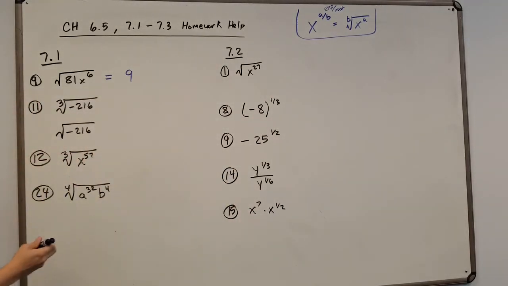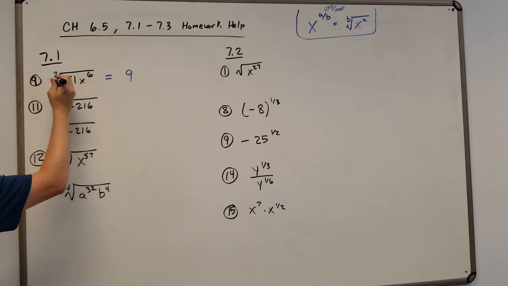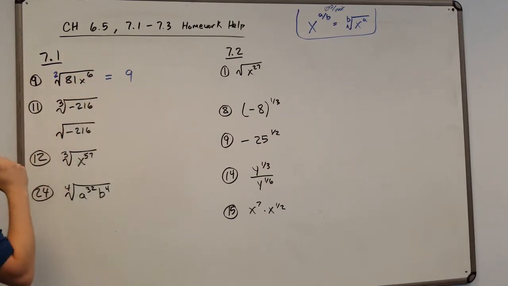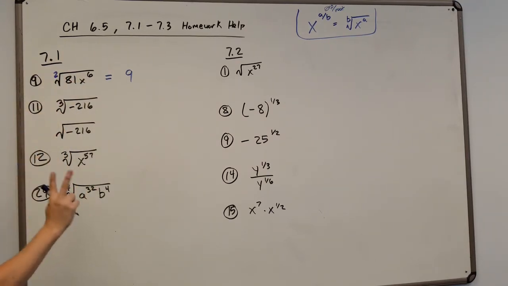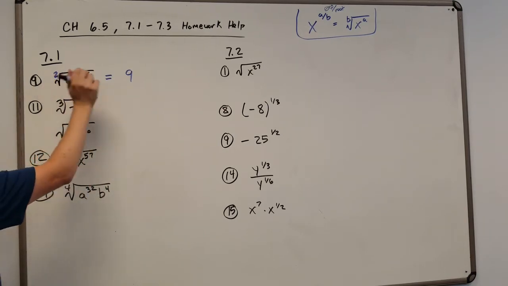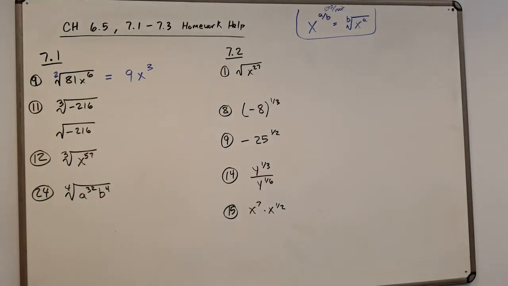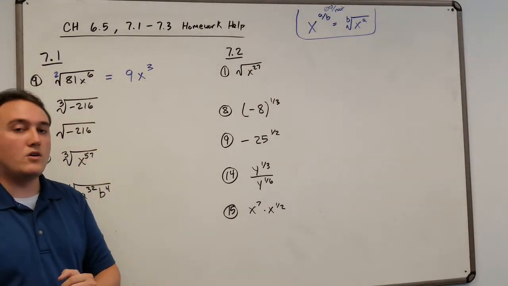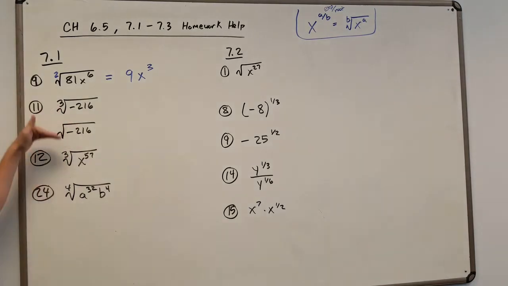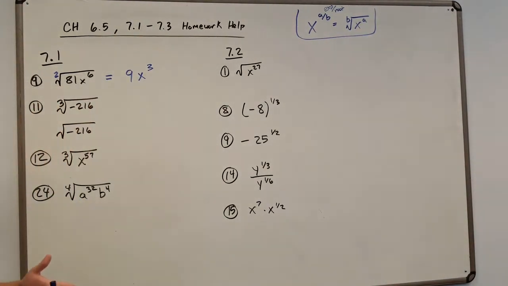One thing you need to know is when there's no number up here, there's like an imaginary 2. So you got to keep that in mind because you want two things that multiply to equal the inside. So x to the 6 divided by 2 is x cubed. The good thing about 7.1 is all of the roots are perfect. Okay, so you're not going to have any weird problems here.